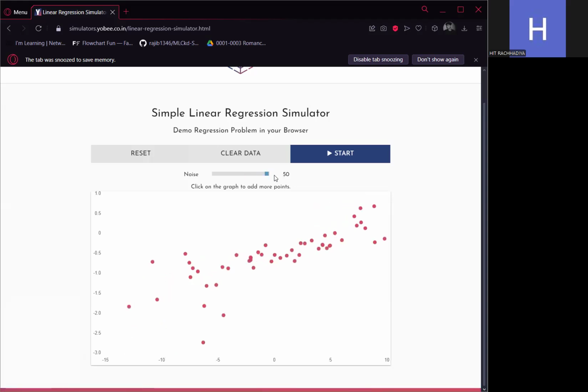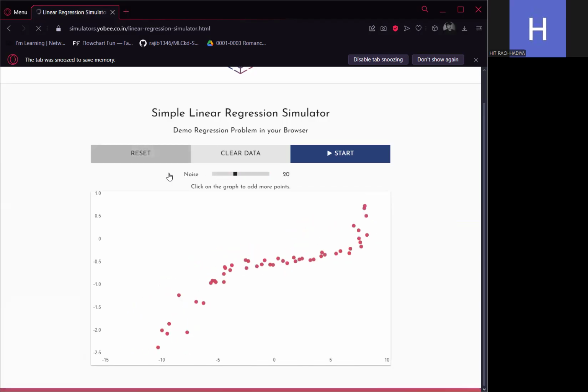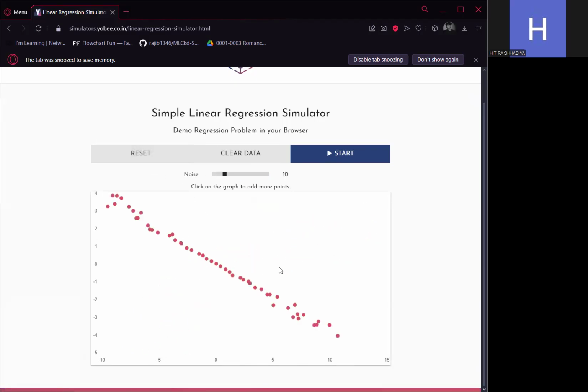As you can see, the data values will be very random. Let's take the default value only, and by pressing any place in the graph, we can put in values. You can also put in values if you want.